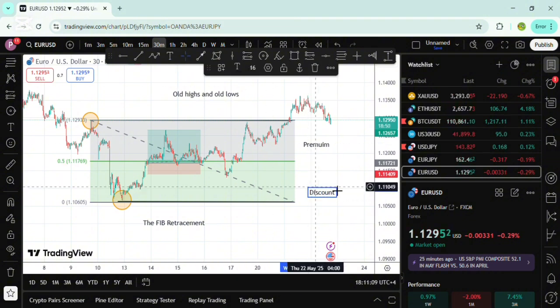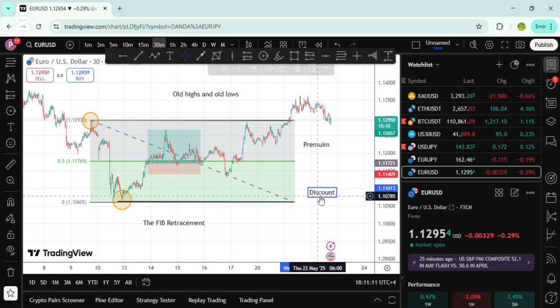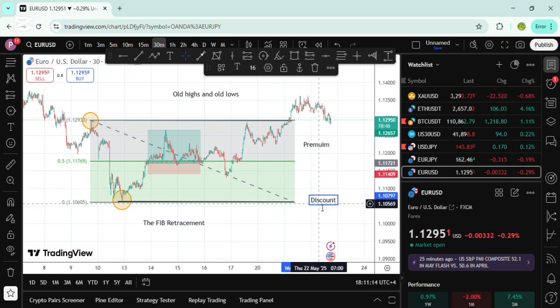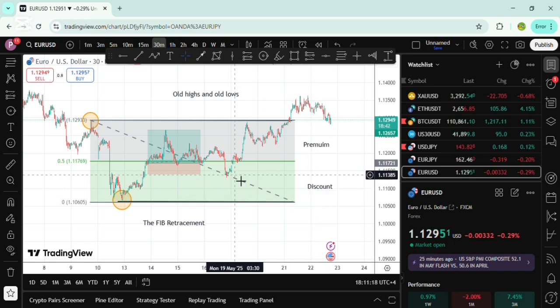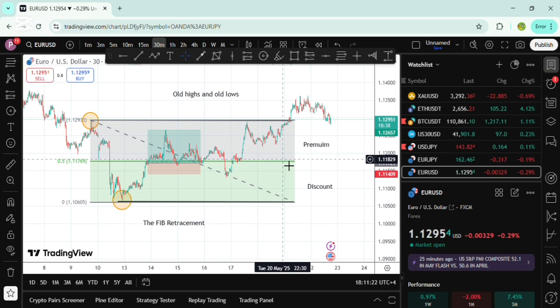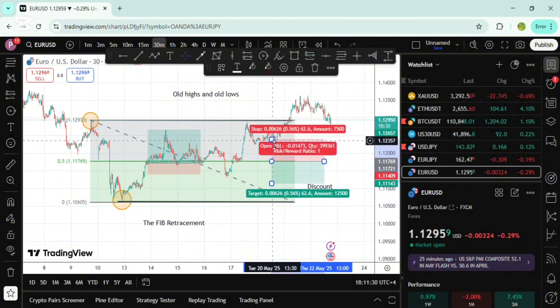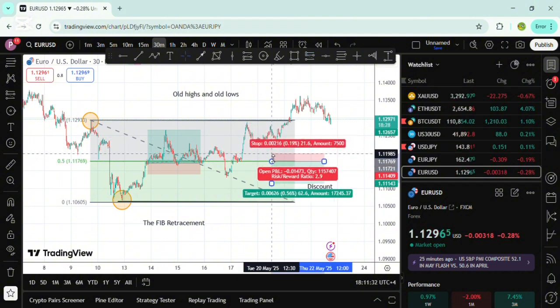So when you're using this Fibonacci retracement, after detecting the old high and the old low, you sketch it out to the fib, then you go for a pending order. It will take from the low to the high, and it will take from the high to the low.